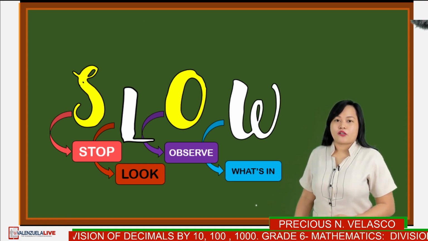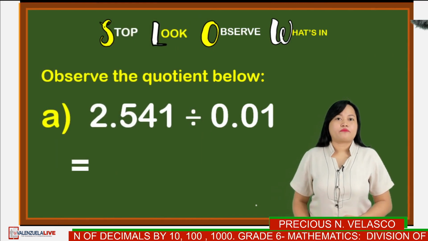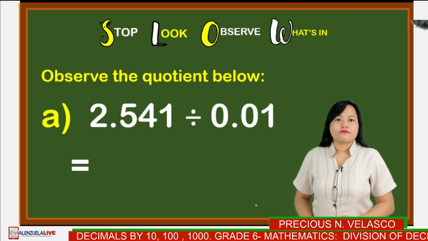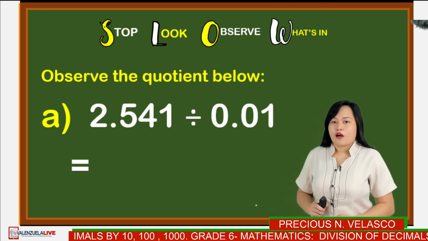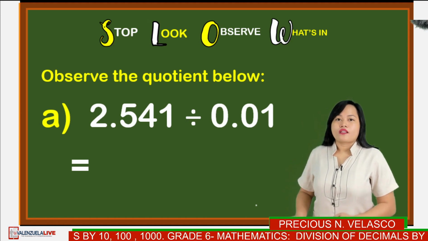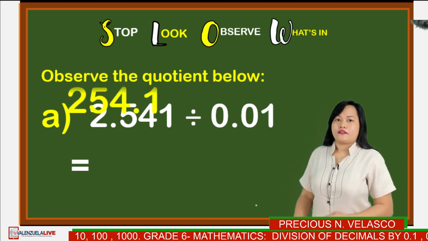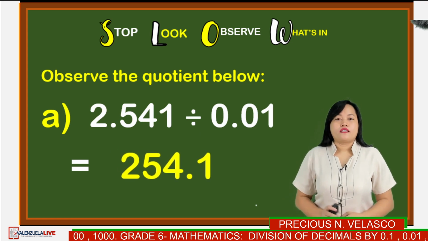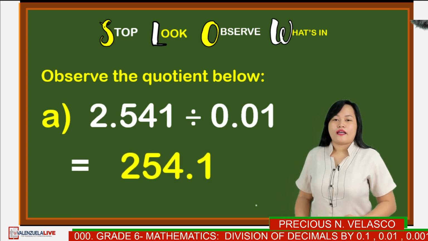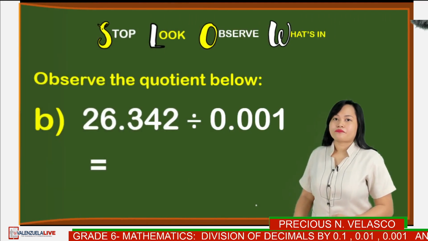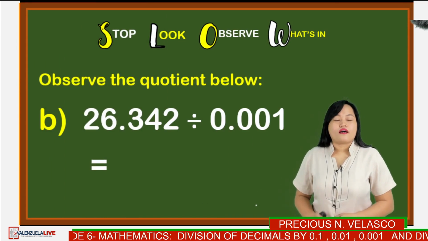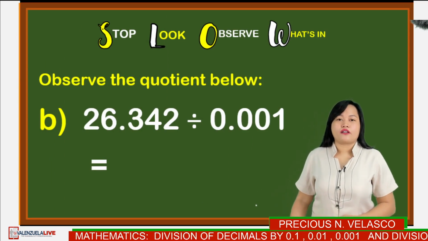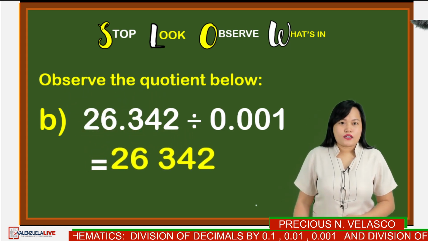Our first equation is... observe our divisor and also our quotient. Here's our quotient. Next one, letter B. Observe our divisor and also our quotient.